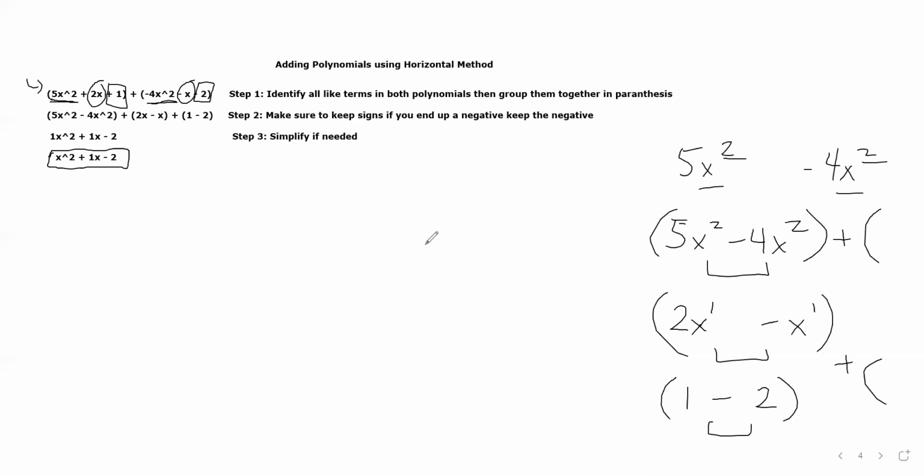So in this case, we end up with x squared, right? I know it's kind of backwards, so I'll fix that right now. X squared, because 5 minus 4 is just 1, and I don't need to write the 1. So it's just x squared. 2x minus 1x is just going to be x. If you want to put the 1, you don't really have to. 1 minus 2 is going to be, sorry, let's see, that is wrong.